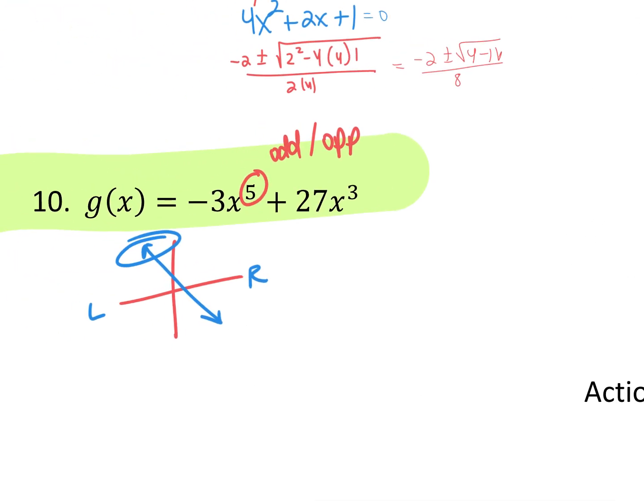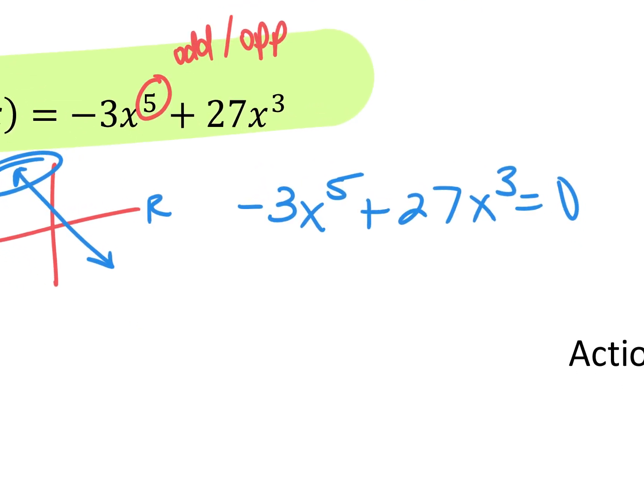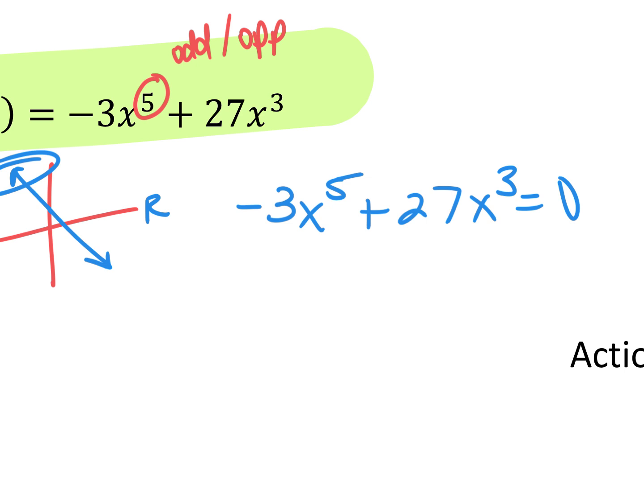All right, zeros. How do you find the zeros? You set your equation equal to 0. How many answers should I have for this question? 5. My highest exponent is what? 5. When we factor, the first thing we look for is the GCF. What can I take out of negative 3x to the 5th and a 27x cubed?